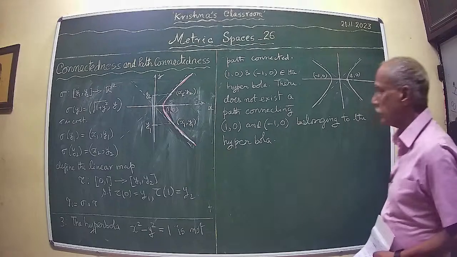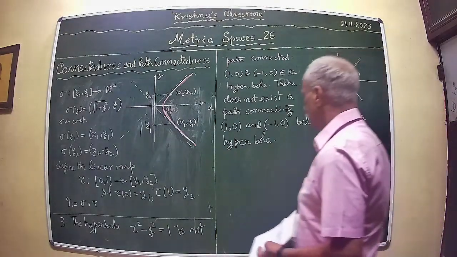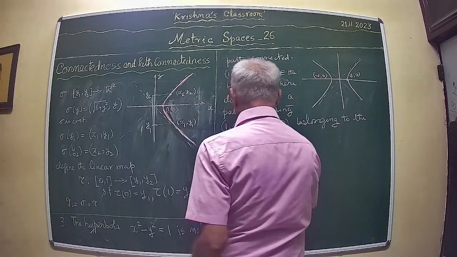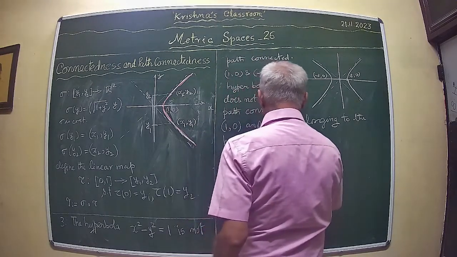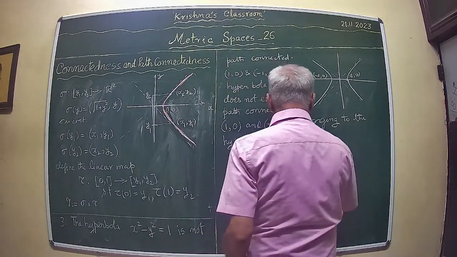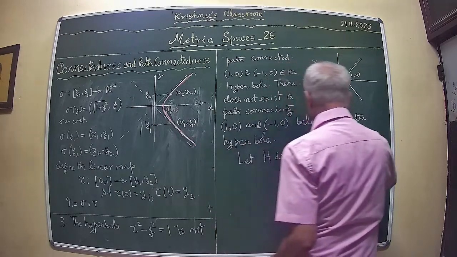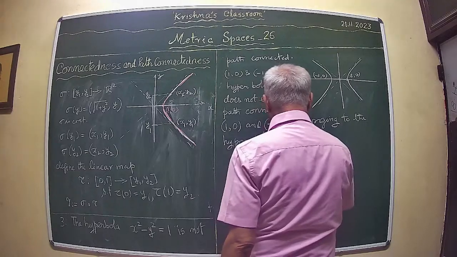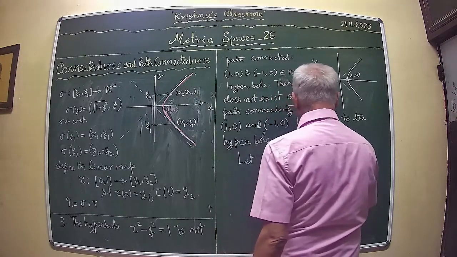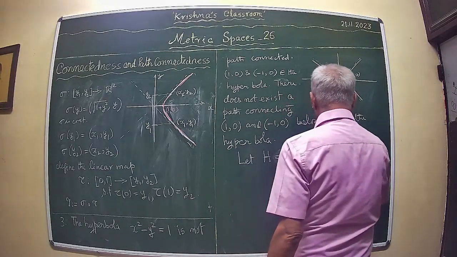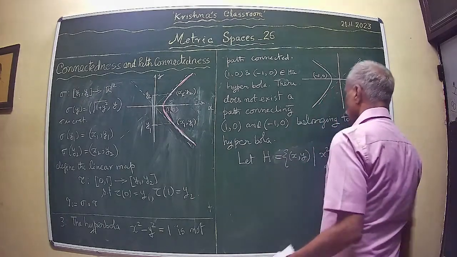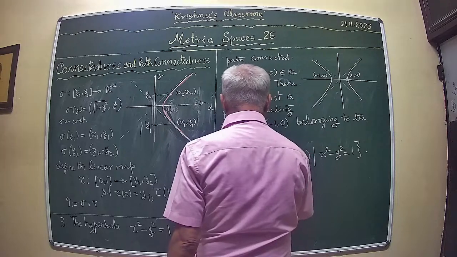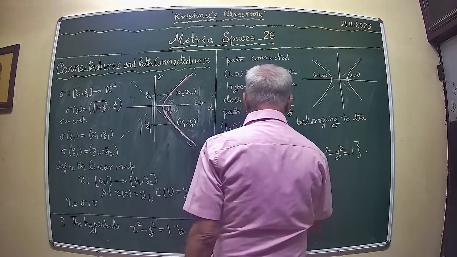So let us do this. This is what we are going to assert. So we have, let H be the hyperbola. Then you have (1, 0) belongs to H, and (minus 1, 0).